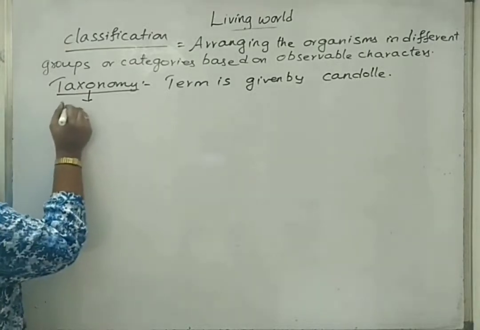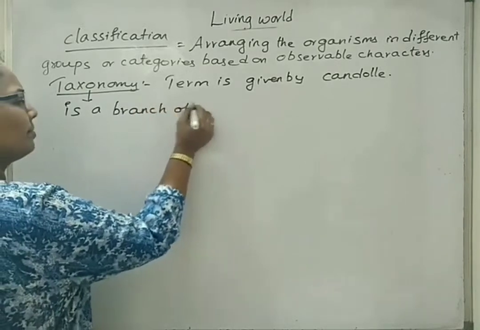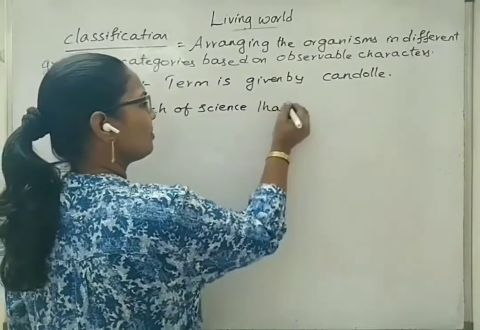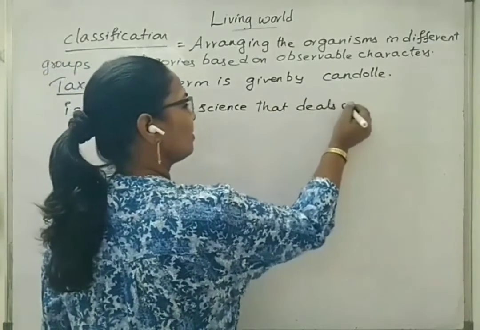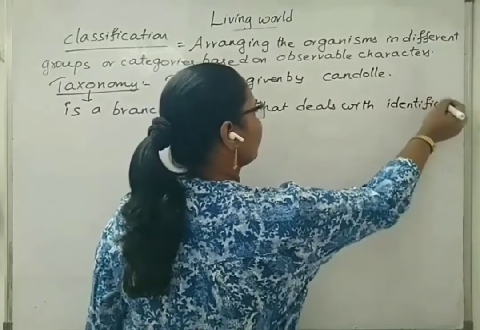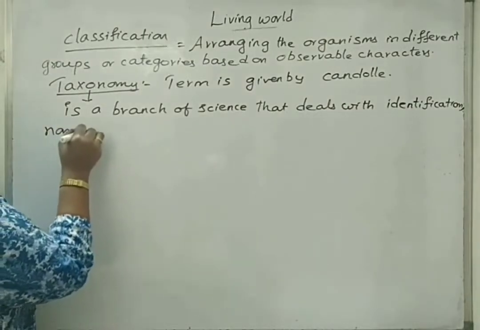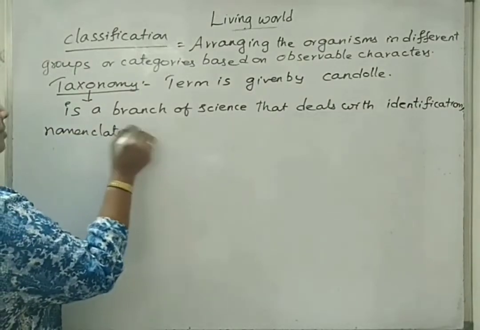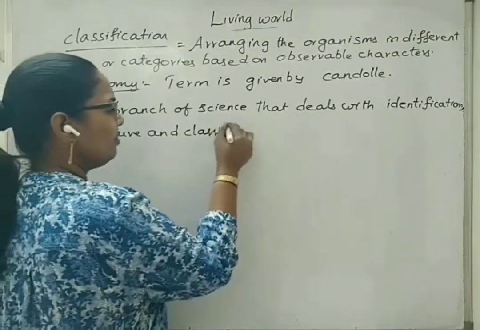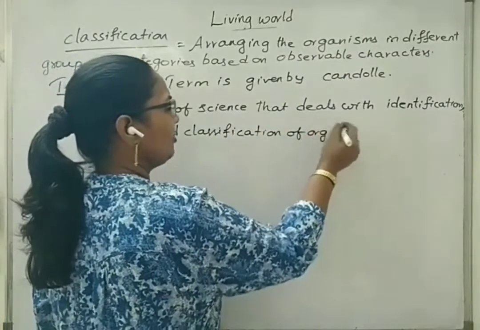It can be defined as taxonomy is a branch of science that deals with identification, nomenclature, and classification of organisms into different categories.